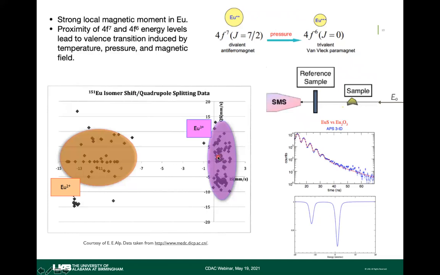I'm not sure anyone has compressed a 3+ system and measured the isomer shift, but that would be interesting to see, whether it goes up with compression or not.